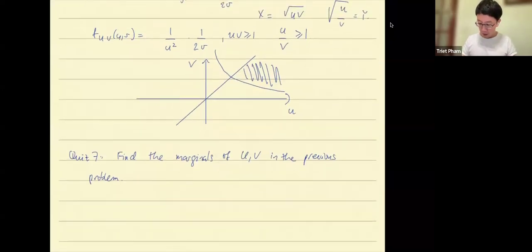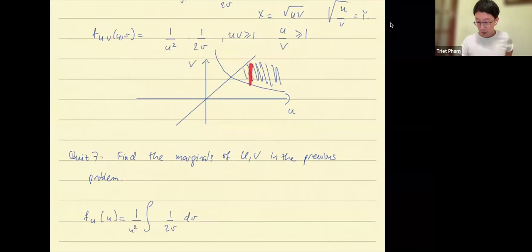All right, so what's the answer here? If you want to find the density of U, then you need to integrate this out with respect to V. You can factor out 1 over U squared, and then you have the V here. But V goes from where to where?